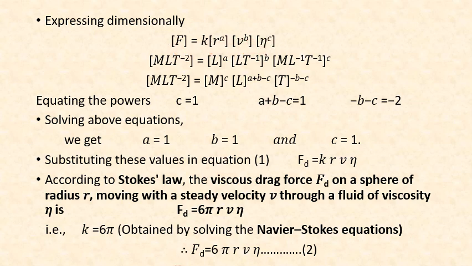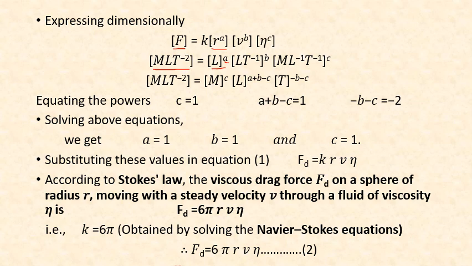We know that F is equal to m into a. Therefore, the dimension of mass is M, and acceleration is meter per second square, so the dimensions are length and time to the power minus 2. Now, the radius is measured in length, so dimension of length L to the power 1, to the power a we have taken here.